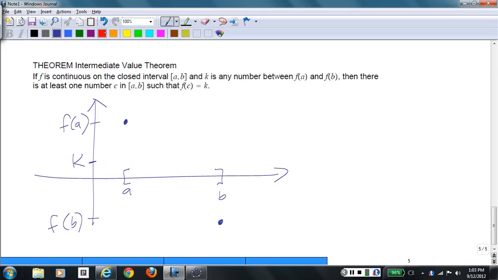But if it is continuous, then let's see, let's draw a horizontal line here, somewhere in between. Can we connect the dots without crossing the purple line, if the function is going to be continuous?